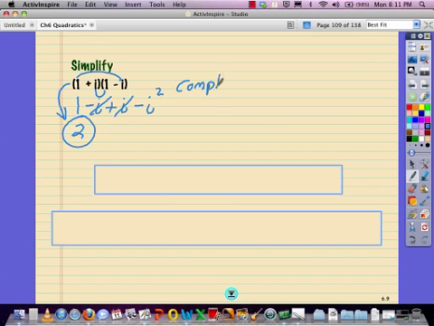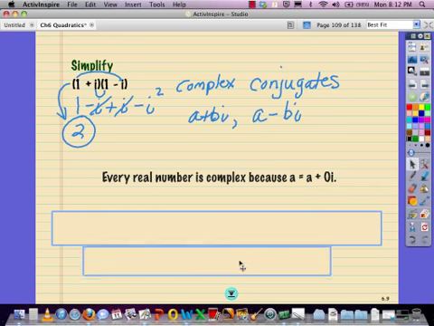We will be calling any complex number that is in the form of a plus bi, and its partner that's in the form a minus bi, complex conjugates. And they are unique in that when you multiply them together, you should always get a real number, a whole number here. So let's look and see what I have underneath.